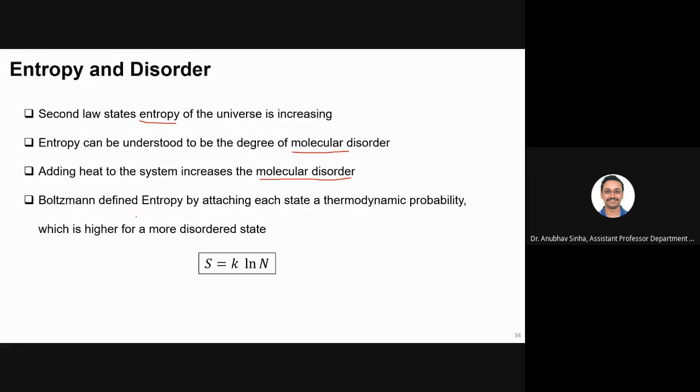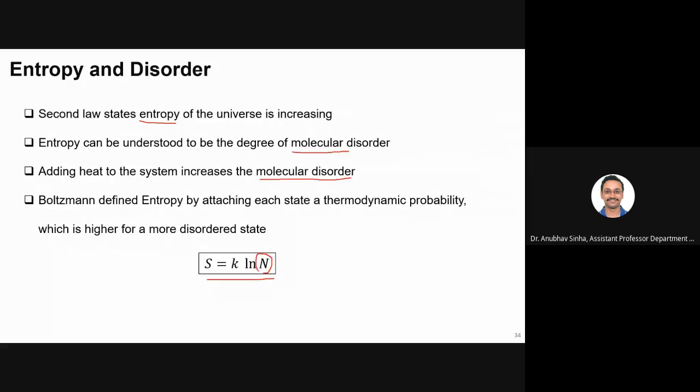Now we'll not go into detail. This is a little complicated subject, but Boltzmann defined entropy by attaching each state to a thermodynamic property, basically called macrostates. Different arrangements have different probabilities, and if you want to calculate entropy, I can use this equation where n is the number of macrostates.